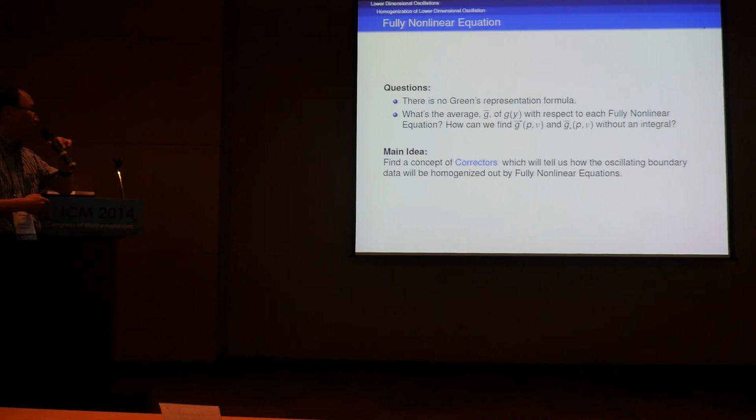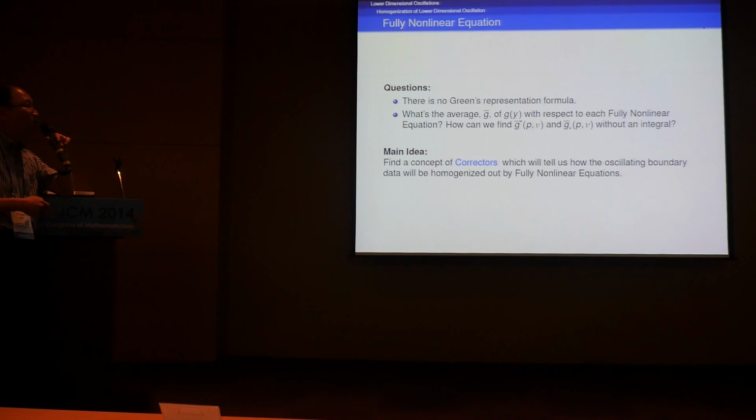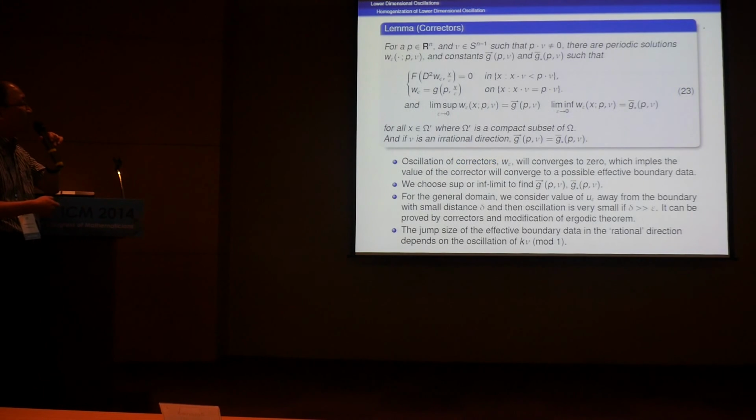For the fully nonlinear operator, there is no Green representation formula. So the question is, what is the average with respect to the fully nonlinear equation? How can you find the G upper star and lower star without the integral? That can be carried out through the correctors. Let me give you a brief idea here. If you give me the plane, that is the boundary, and inside you have the equation, under the boundary you have oscillating boundary data.